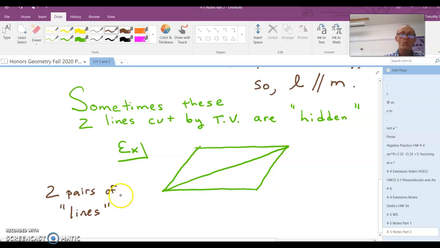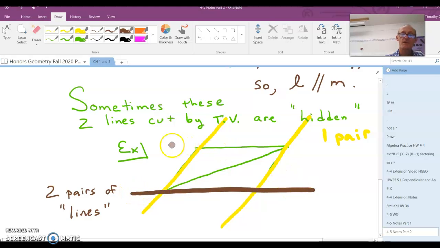One is this pair. And another is this pair.